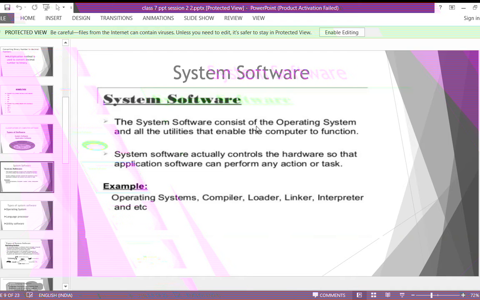So this system software consists of the operating system and all the utilities that enable the computer to function. It means in system software there are three categories, that is operating system, language processor and utility software.